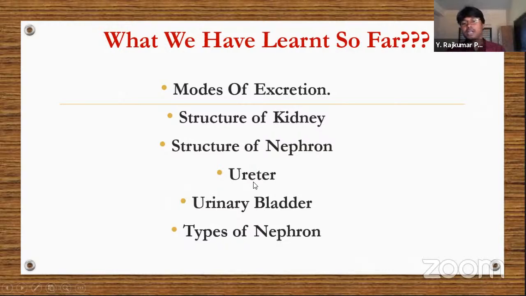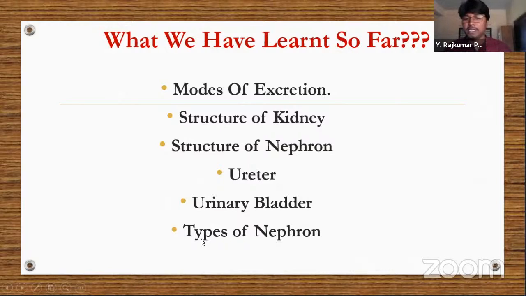Next, we learned about the ureters, which are pipe-like structures connecting the kidneys with the urinary bladder. The urinary bladder is the storage sac of the urine. Whenever it is filled with 600 to 800 ml, we get the micturition sensation, the urinating sensation. That's why we go to urinate.